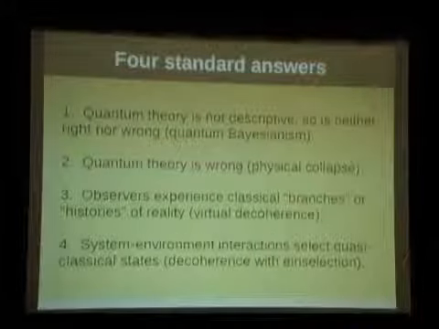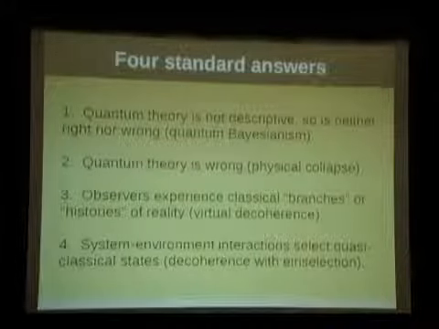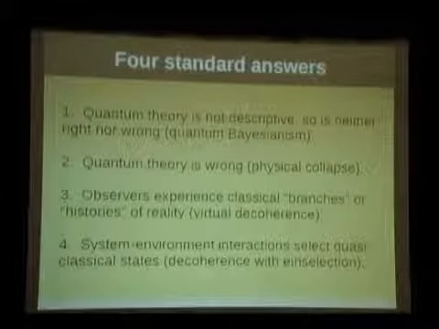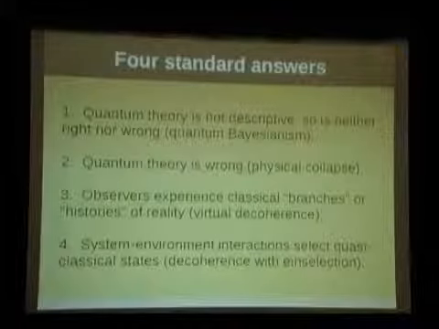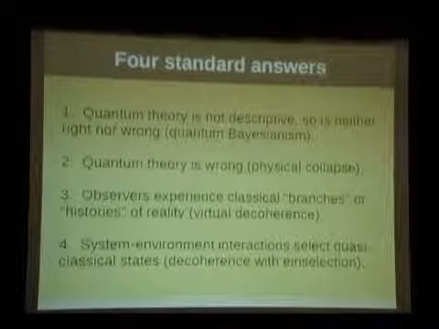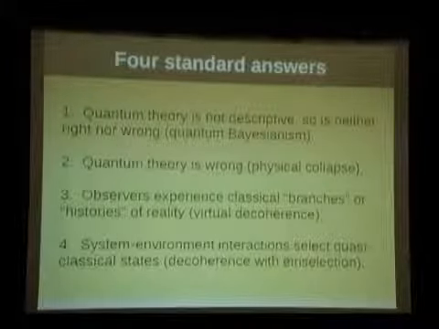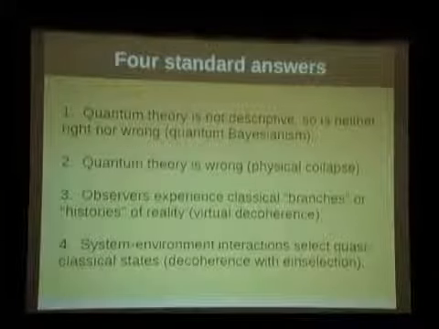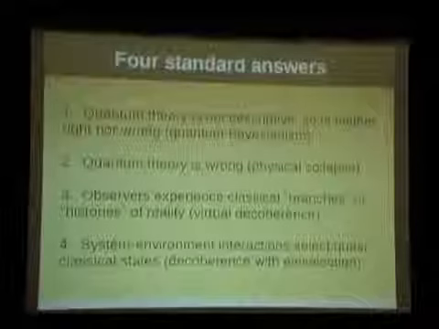One standard answer, very standard, is that quantum theory is not descriptive. So Christopher Fuchs, for example, says quantum theory is prescriptive. He says it's like the 10 Commandments. Quantum theory tells you how you ought to behave. It doesn't tell you what the world is like.